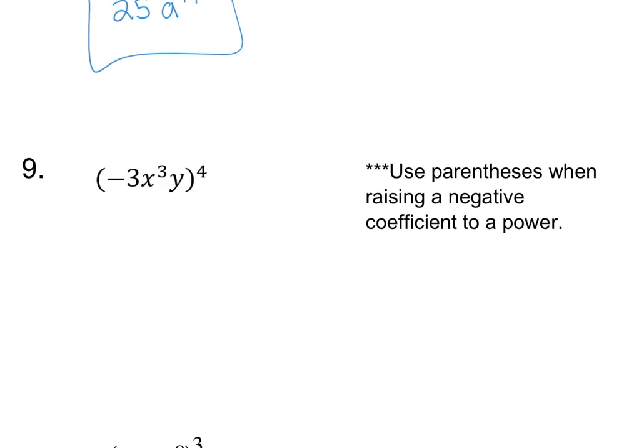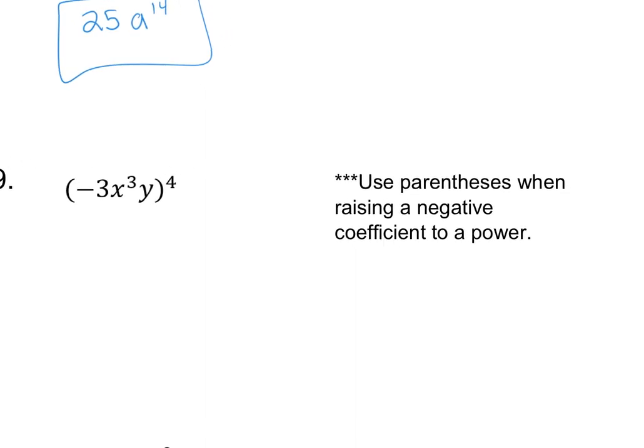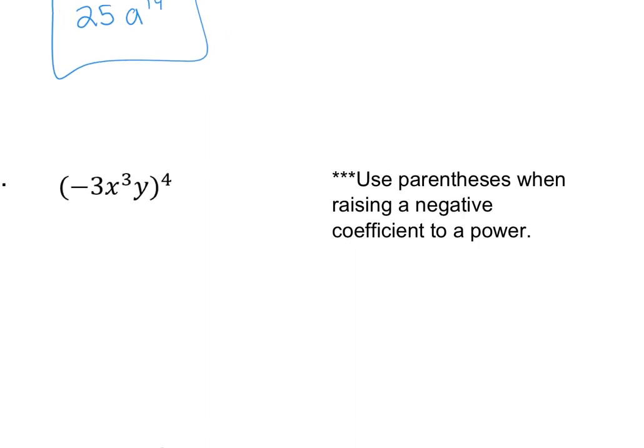Okay, let's look at number 9. We've got inside parentheses, negative 3x to the third, y to the fourth. So that means that that negative has to go to the fourth power as well.